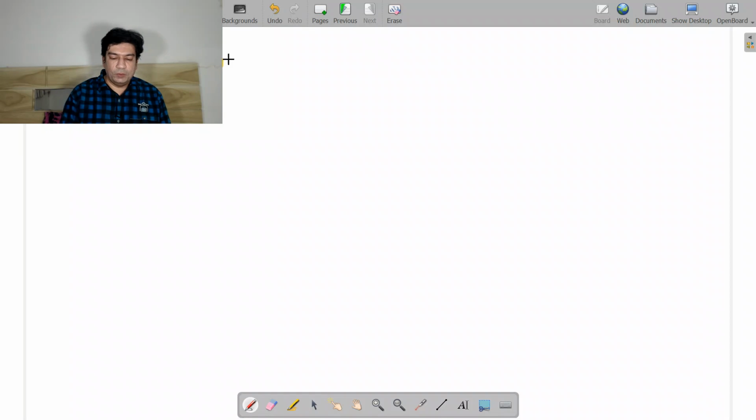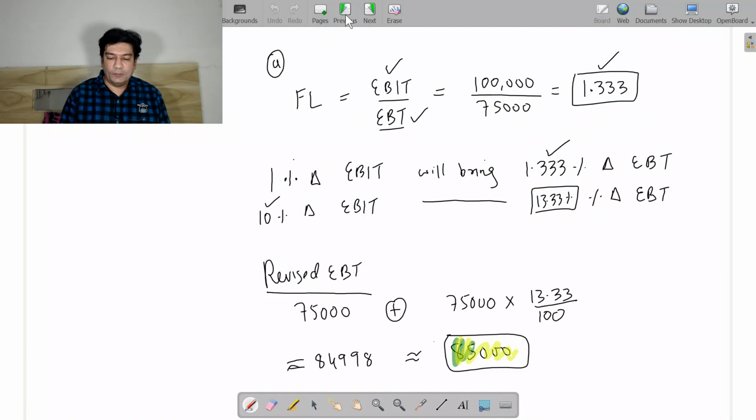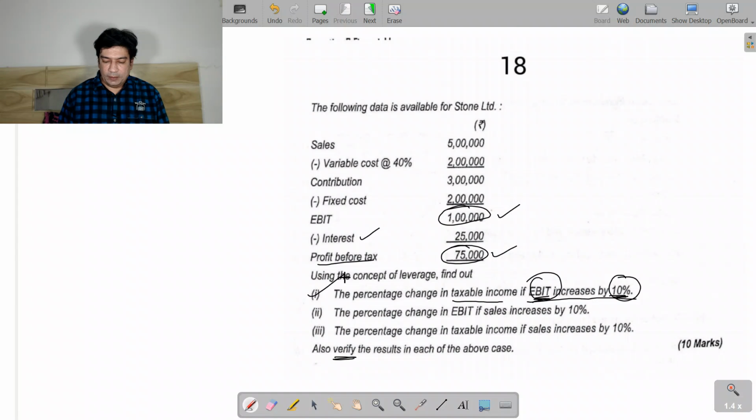Now we are going to start with the second part. So second part, what they have said is the percentage change in EBIT if sales increase by 10%.